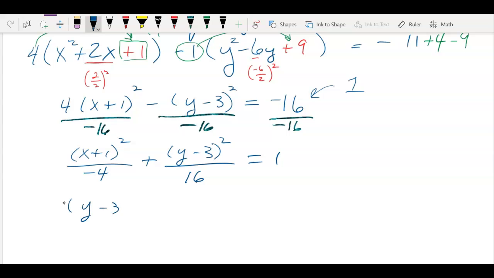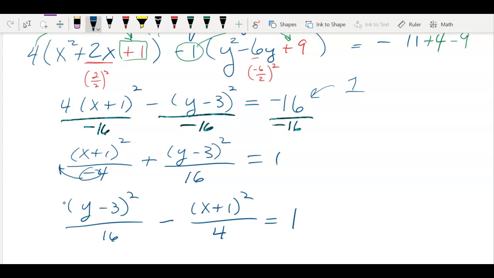So it's y minus 3 squared over 16 minus, pull this negative out to the front, x plus 1 squared over 4 equals 1.